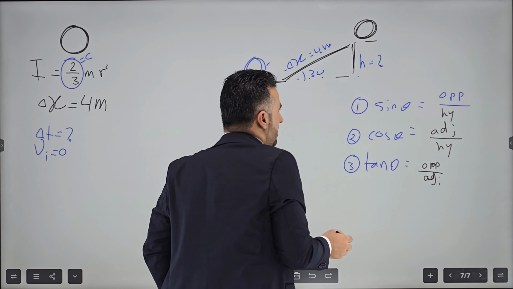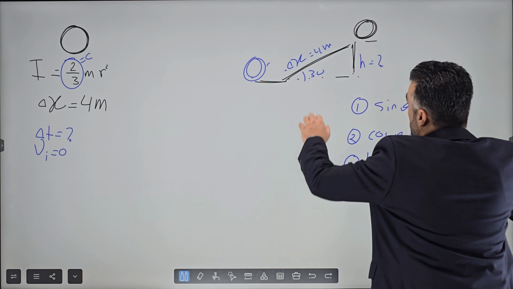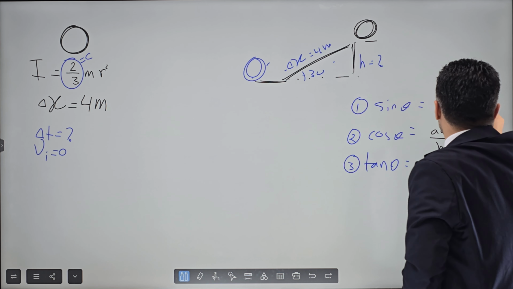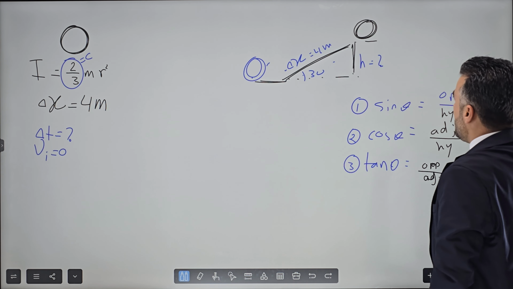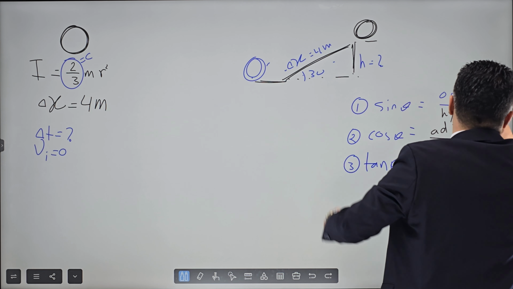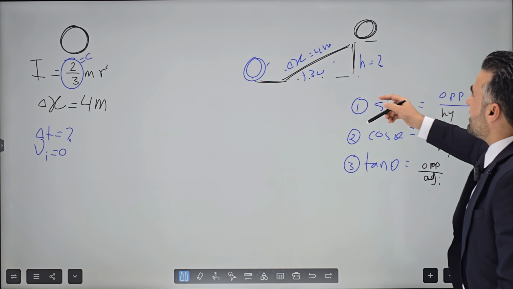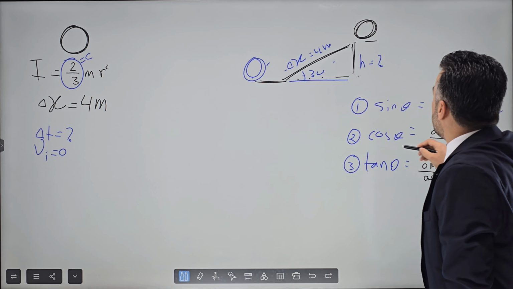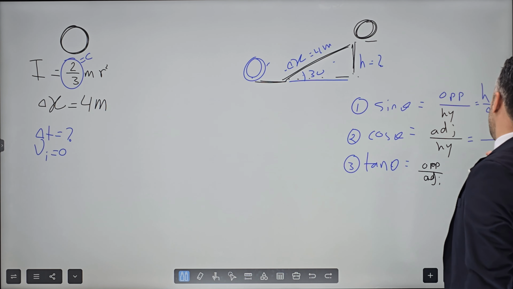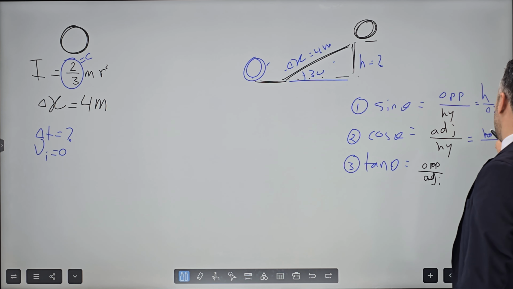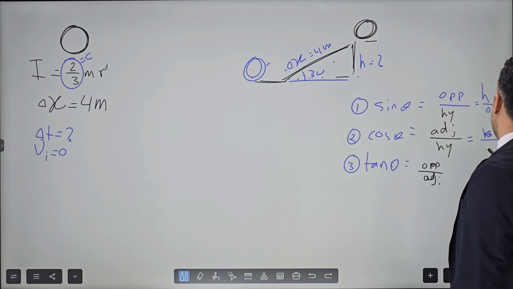Now, if I want to be more precise here, opposite to this angle represents the height. That'll be the height over the hypotenuse, which represents delta x in here. The second one here, adjacent, that'll be this horizontal length divided by delta x in here.